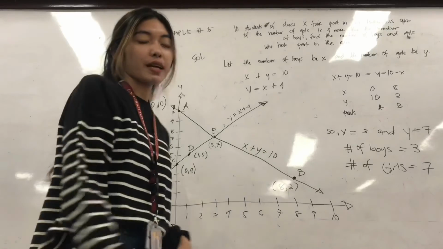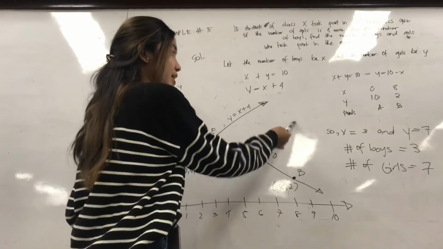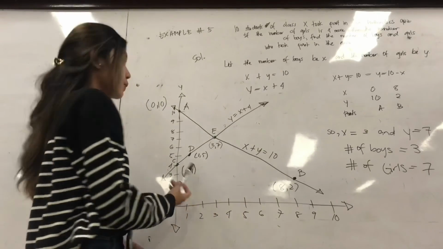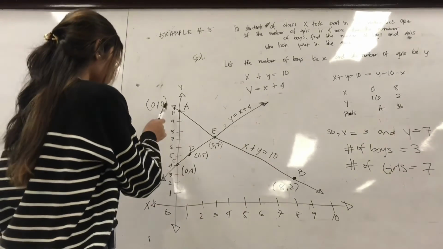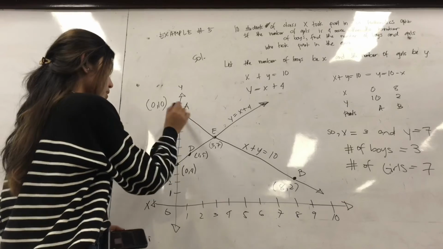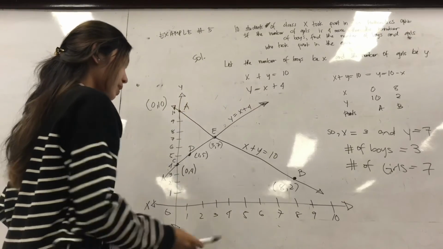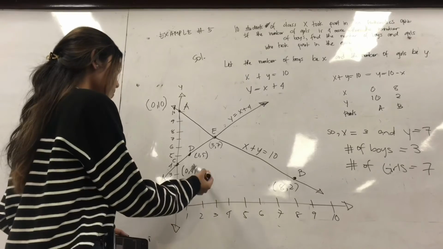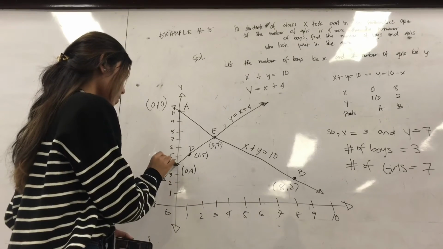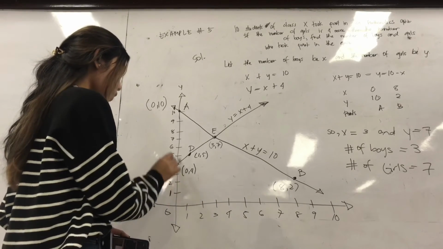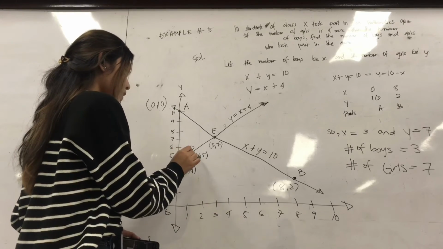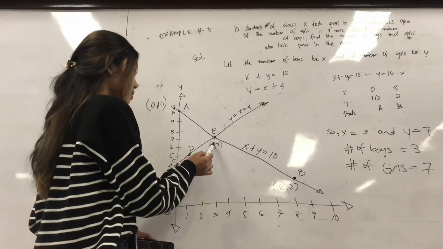After we plot all the points from A to E, we come up with this graph. Point A is 0 and 10, which is here, and point B is 8 and 2, which is here. The next is point C, which is 0 and 4, and point D is 1 and 5. And lastly, point E is 3 and 7.